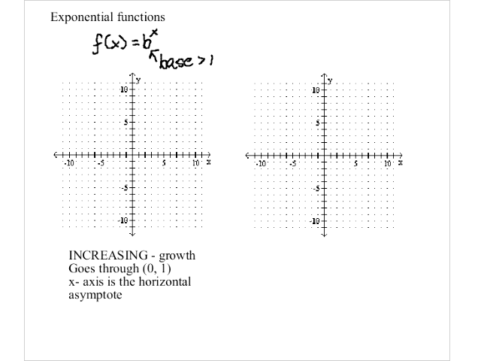Okay, so I'm going to draw the graph in blue so we can see it maybe a little bit better. The first thing is it's going to go through 0, 1, so it's going to go through here. And I'll do the x-axis, the asymptote, in red. The asymptote is the x-axis, so it goes across here.